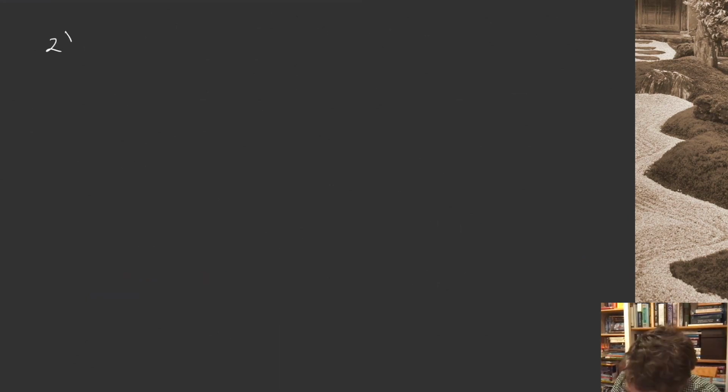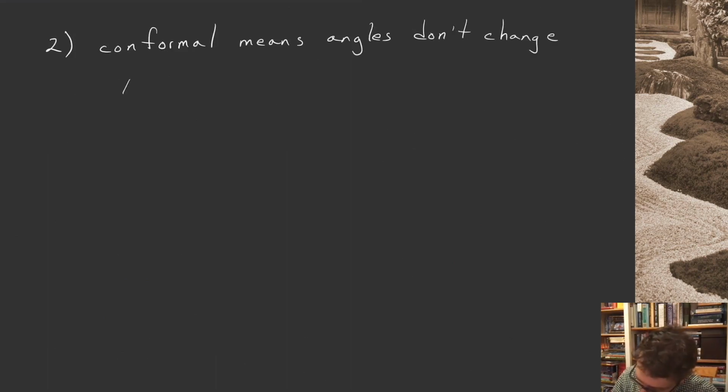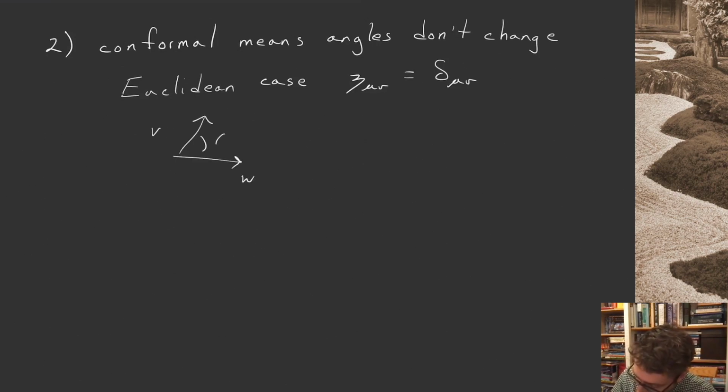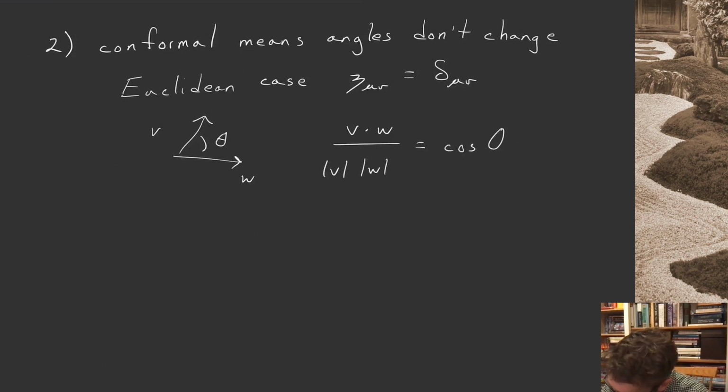That's my first remark. Second remark, why do we use the word conformal? Conformal means the angles don't change. If we think about the Euclidean case for a minute, where the Minkowski tensor is just a Kronecker delta, I don't have a separate time coordinate, all the coordinates look spatial, and I have 2 vectors, v and w, and there's some angle between them. If I take v dot w over the norm of v and the norm of w, going back to some pre-college facts, that's just the cosine of the angle between those vectors.